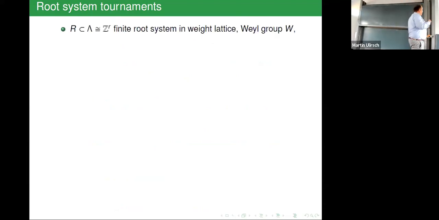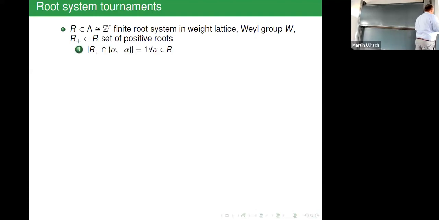So now we will take any finite root system, which is going to be just a lattice R together with an action of a group W. We remind ourselves how to define positive roots.